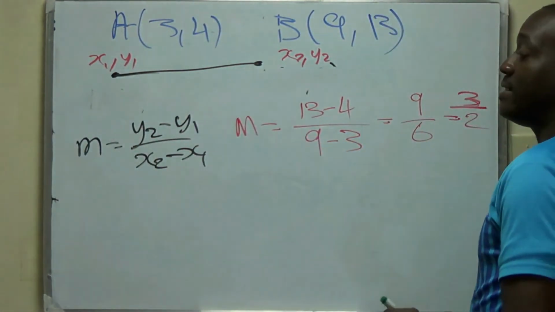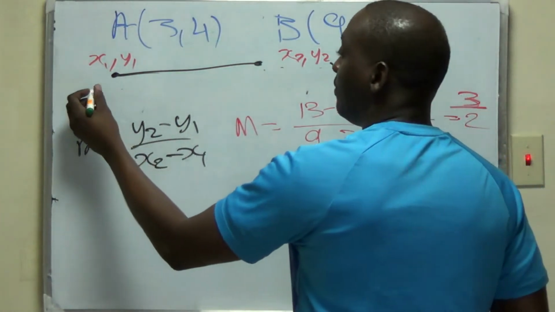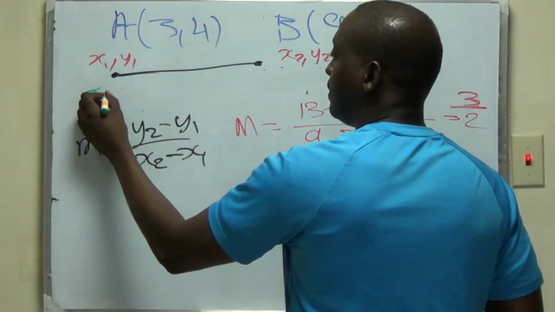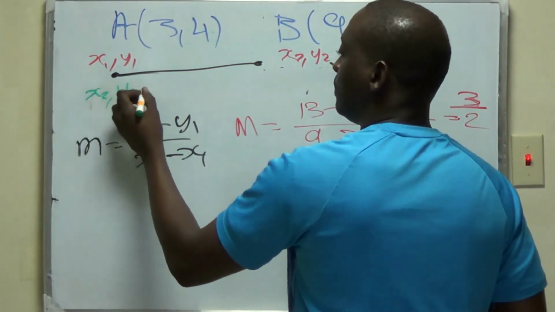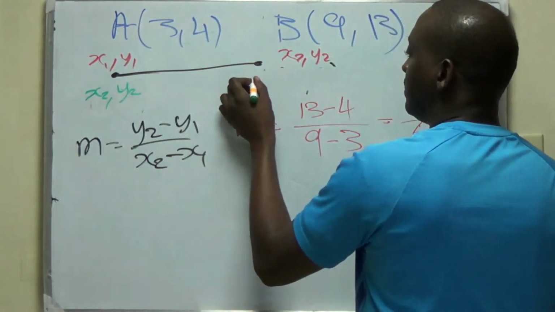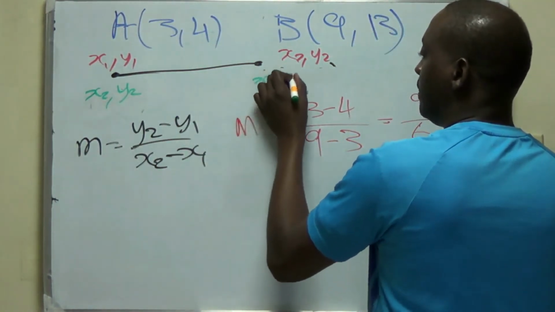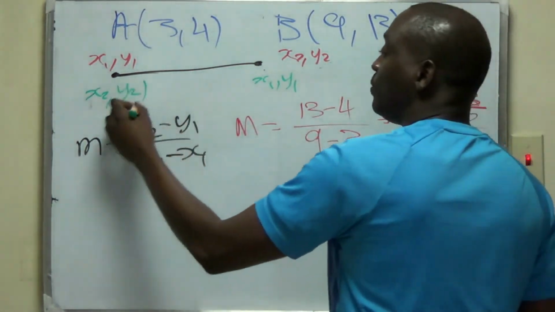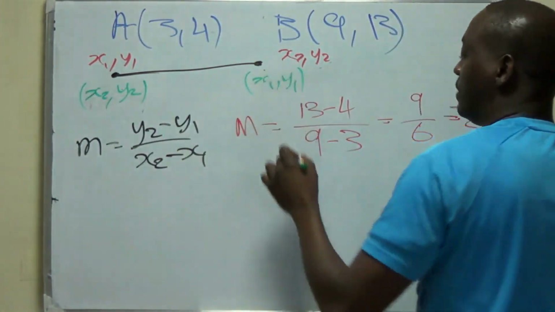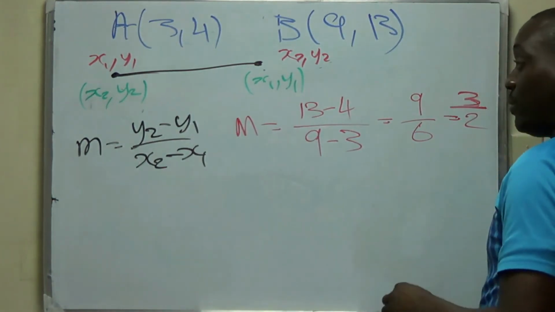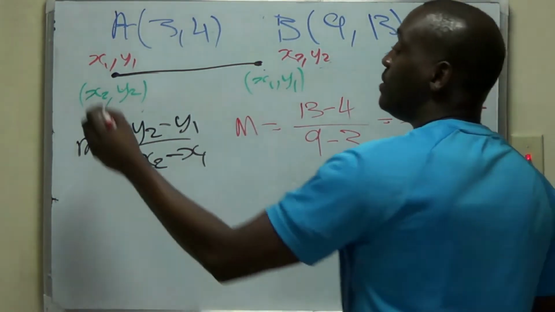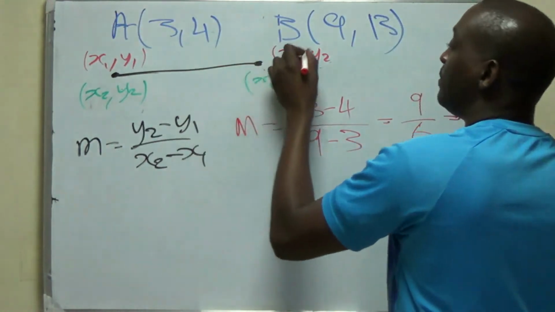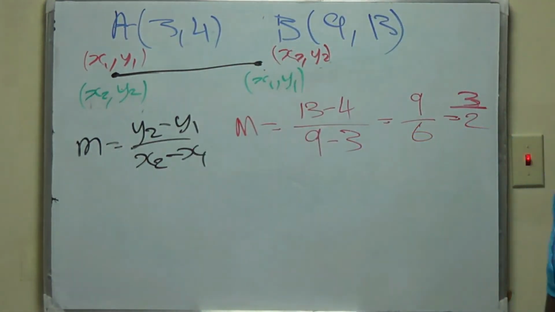Let us, for argument's sake, say that we have this here as x2, y2, and this here as x1, y1. Right? So in other words, you have total autonomy, total control over how you choose to label your points. Which one you put as x1, y1, and which one you put as x2, y2.